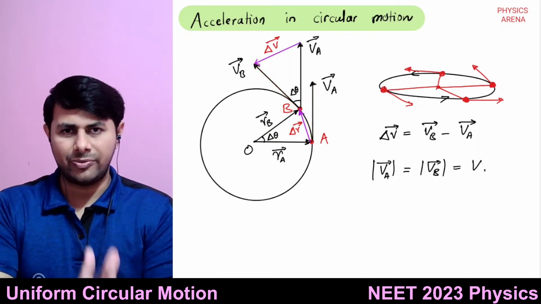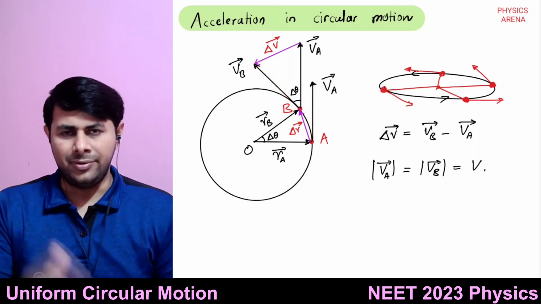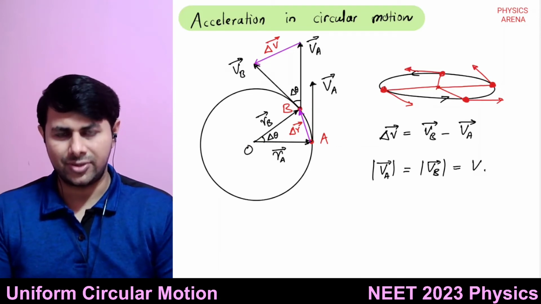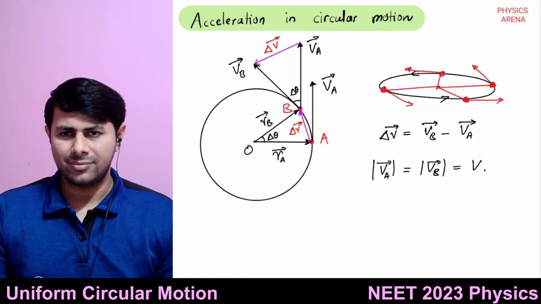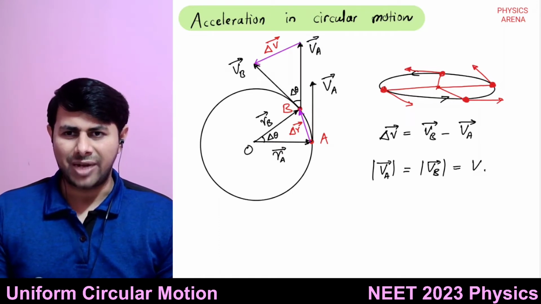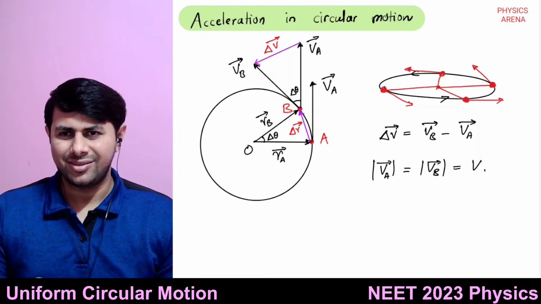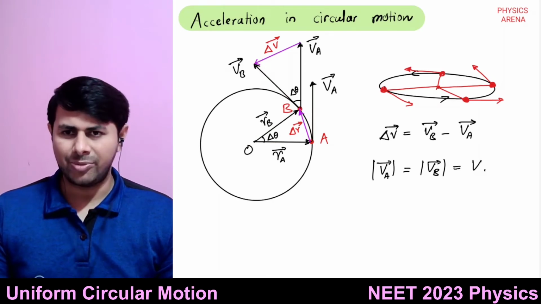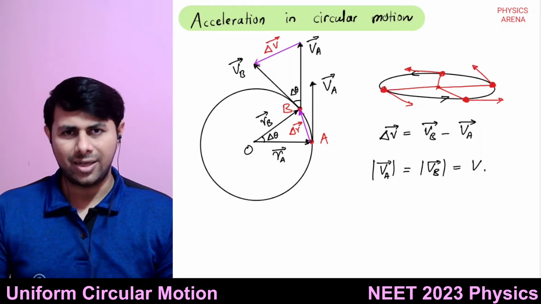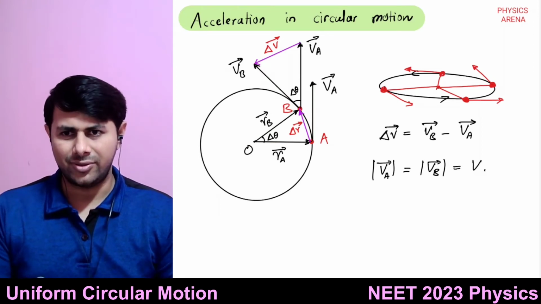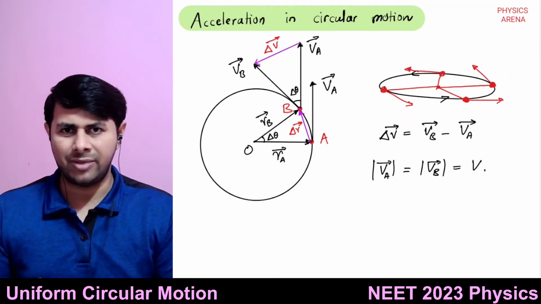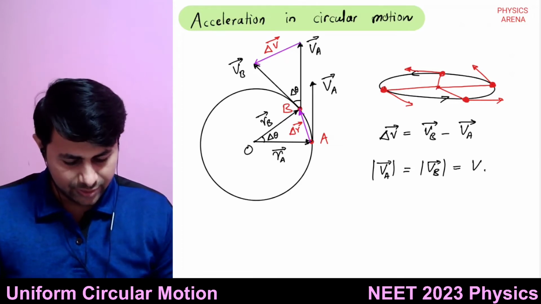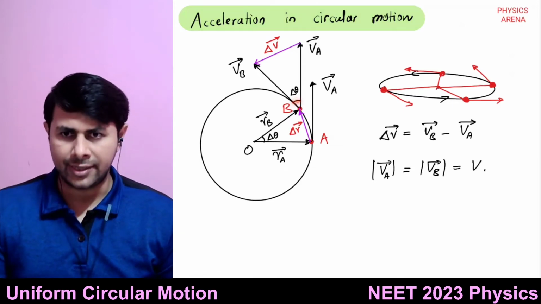So if the angle between two lines is delta theta, the angle between the perpendiculars drawn to those two lines will be the same. Do you buy my argument? Yes, sir. Because both lines are rotated by 90 degrees, the angle between them will not change, right? So this angle is also delta theta.